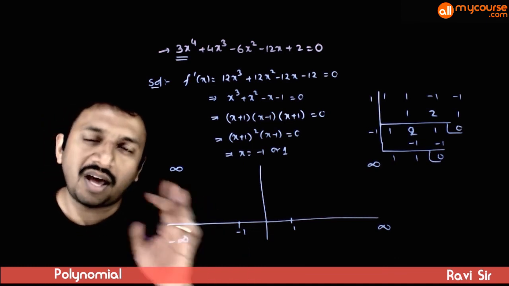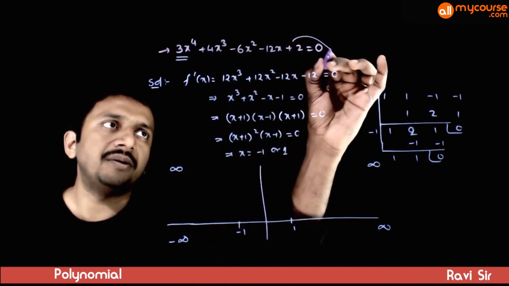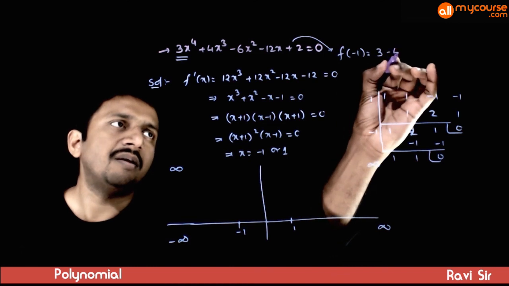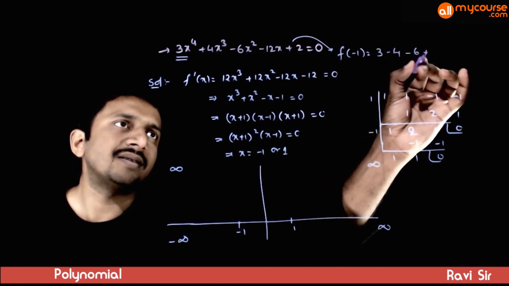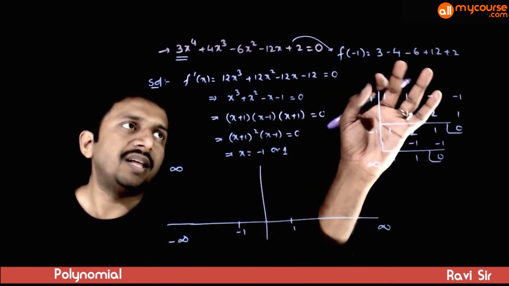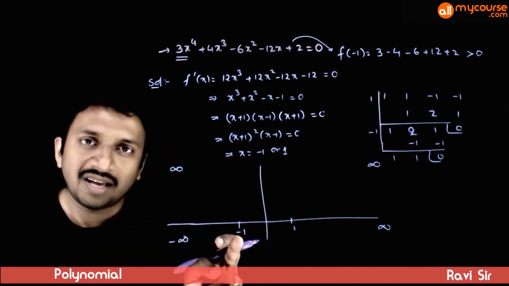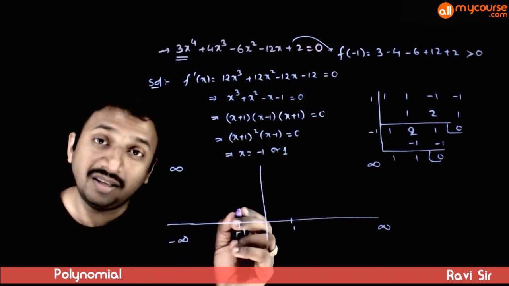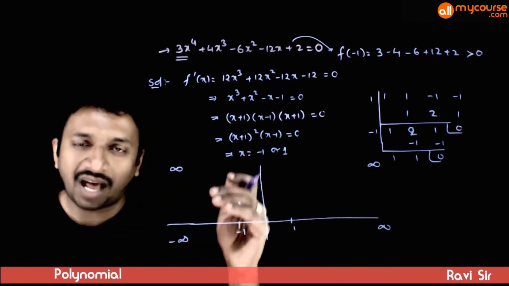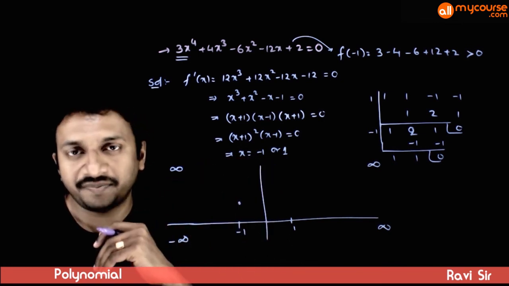So what is f of minus 1? At x is equal to minus 1, what is the functional value? So f of minus 1 is equal to 3 minus 4 minus 6 plus 12 plus 2. As you can see, the number is a positive number. That means at x is equal to minus 1, the functional value is positive. That means the graph is above the x-axis.